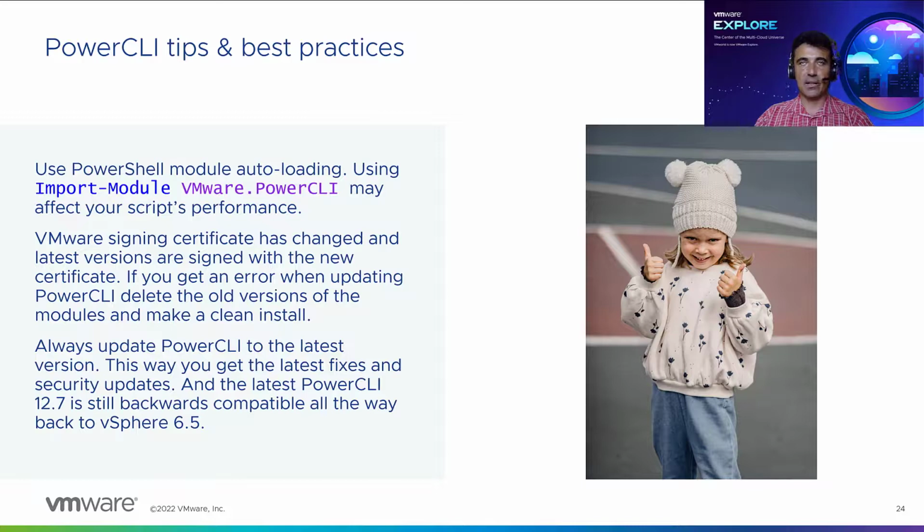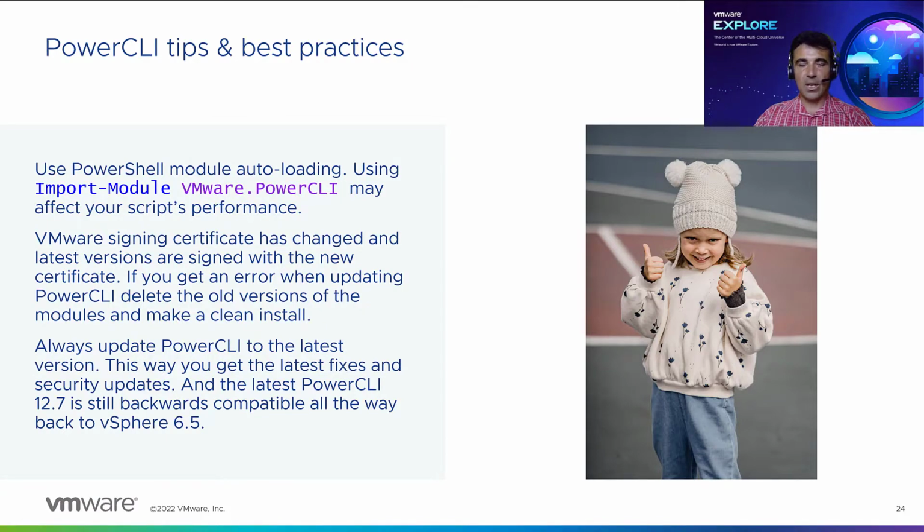But until then, we advise you to just remove the old PowerCLI version and then do a clean install using Install-Module VMware.PowerCLI, if you get an error for the signing certificate of the modules. The new signing certificate and the old signing certificate are both valid, but the problem is that we have changed the signing certificate provider, and that causes the issue with the PowerShellGet module.